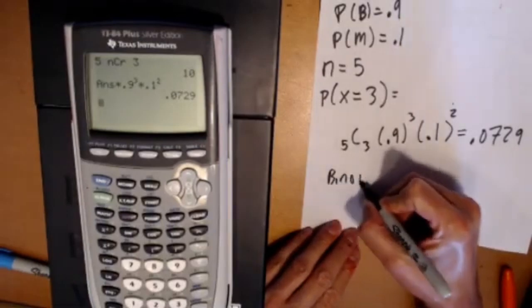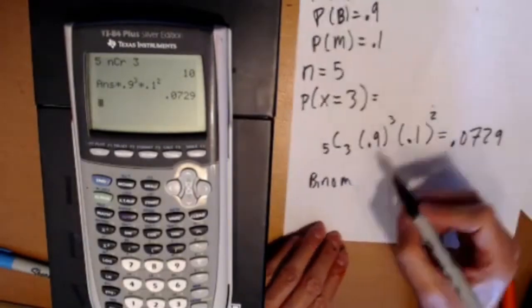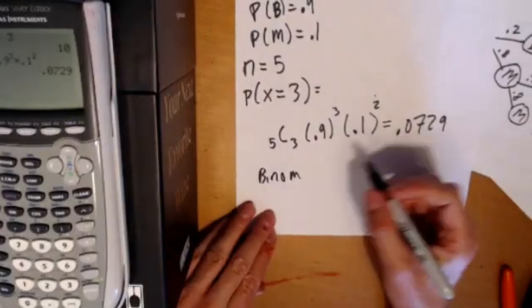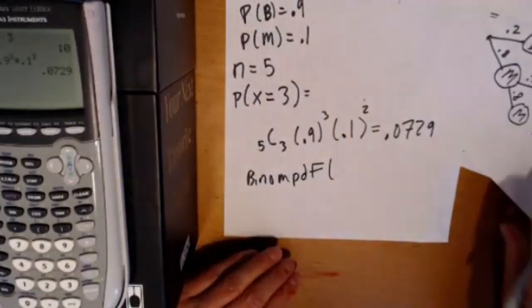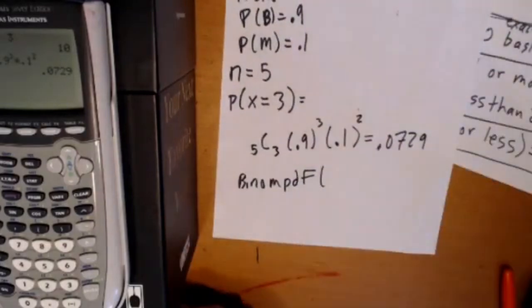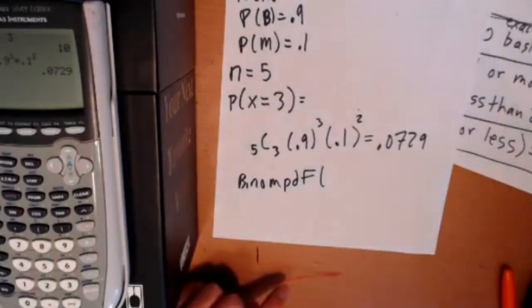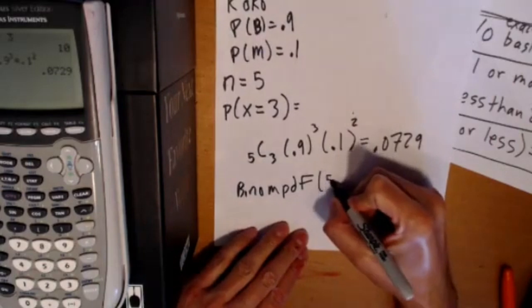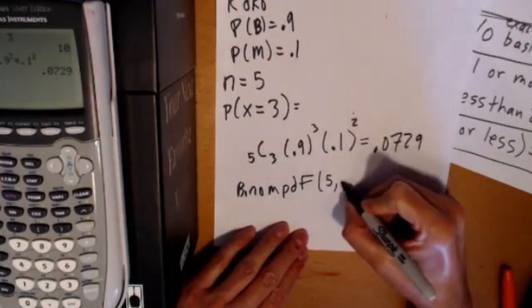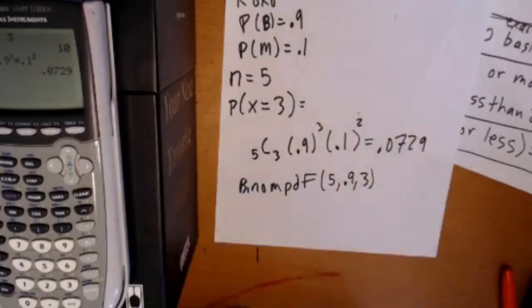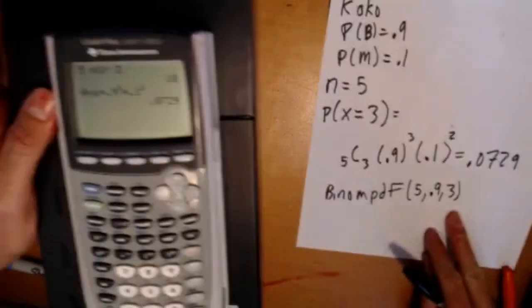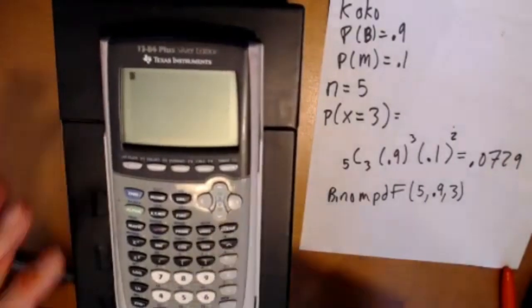So for exactly 3, Binom PDF, and we're going to have to give it the N, P, X. N was 5, the P was 0.9, and the X was 3. And it better give us 0.0729 if I'm doing this right. Okay, clear.